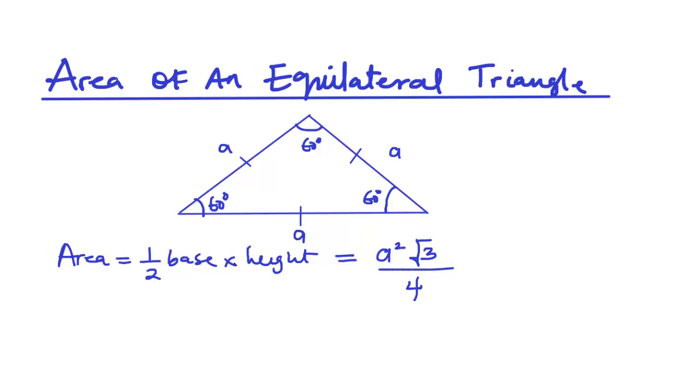For us to achieve this, we are looking for half base times height. Obviously, the base is A, so we need the height. The height will be the perpendicular bisector from this vertex.